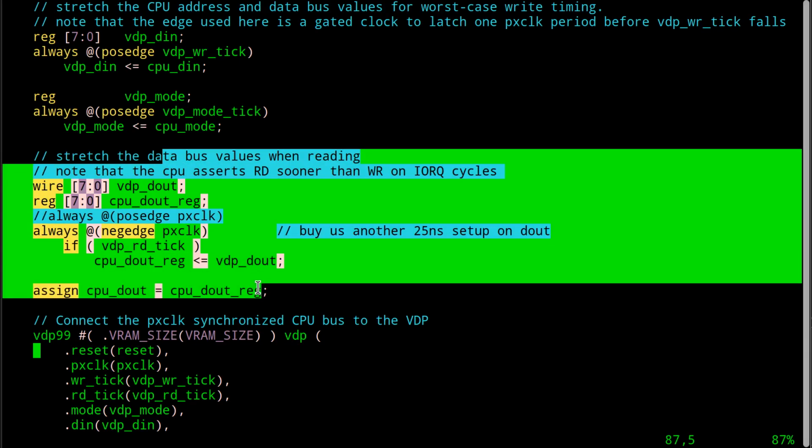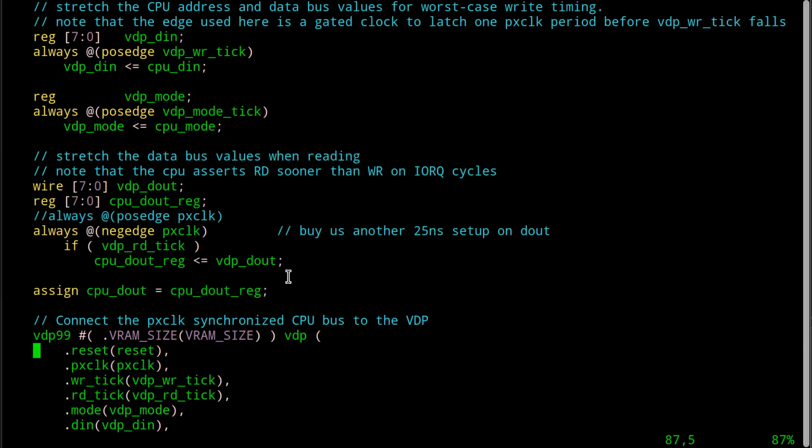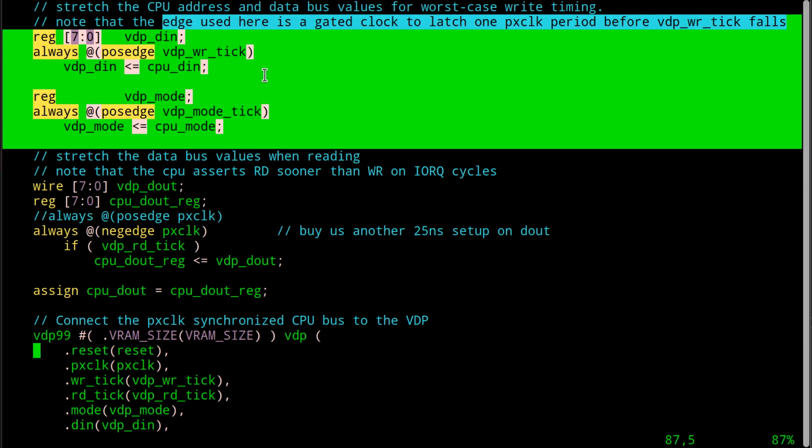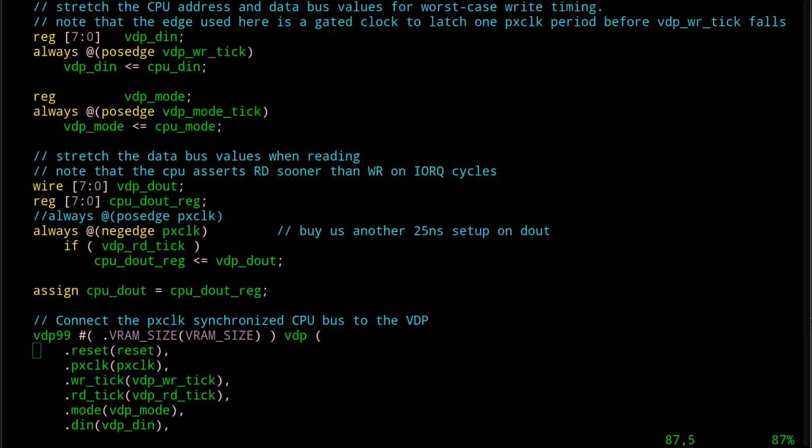Now, this one's a little bit different because if you think about it, your reading goes the other way. And if you're not ready, you need to assert a wait state to the CPU. You know what I just said there? We don't care if we're not ready so much up here, provided that we eventually consume the data before the CPU comes back and messes with us again.